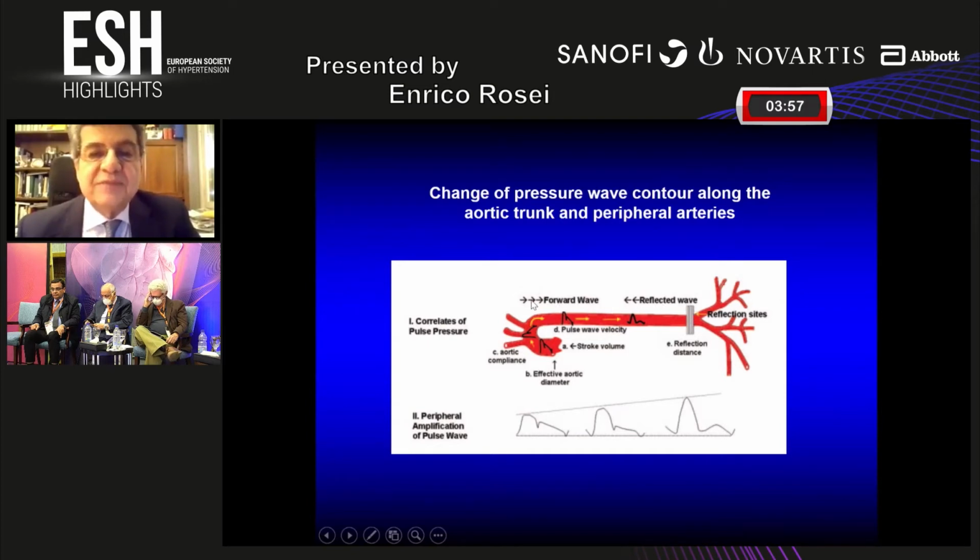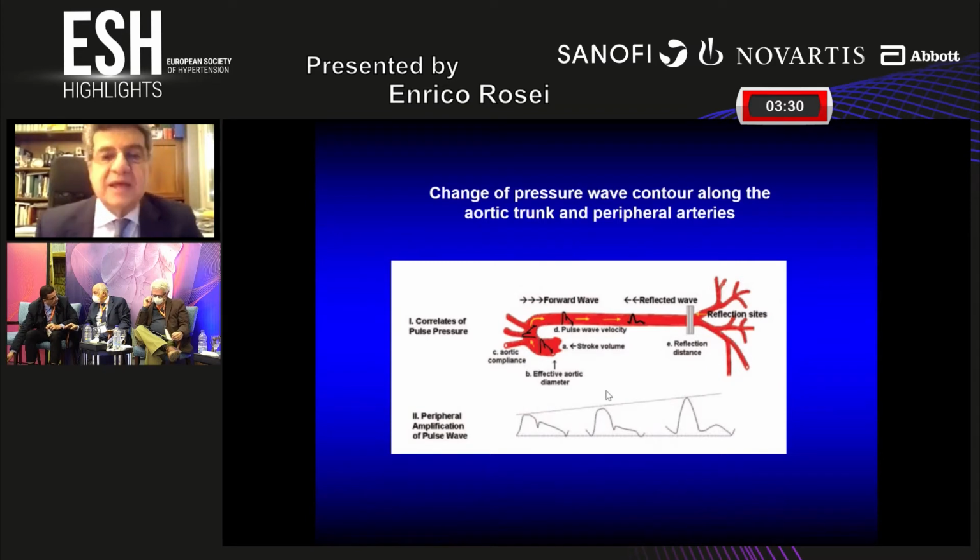This means that the merging is during diastole. Otherwise, with alteration of these reflection sites, the merging is during systole. And this means that central blood pressure here in the aorta is higher, and this means more damage of the heart in this case, but also of the brain and of the other target organs.